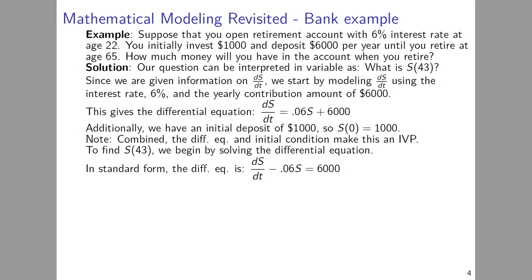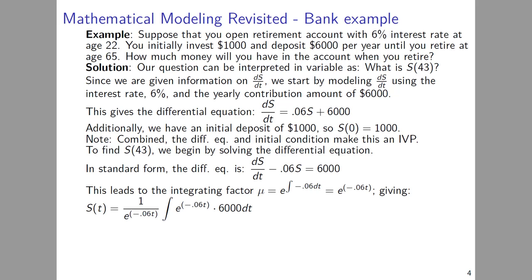In standard form, our differential equation is dS/dt minus 0.06S equals 6,000, which leads to the integrating factor mu equals e to the integral of negative 0.06 dt, which is e to the negative 0.06t, giving the general solution S of t is 1 over e to the negative 0.06t times the integral of e to the negative 0.06t times 6,000.